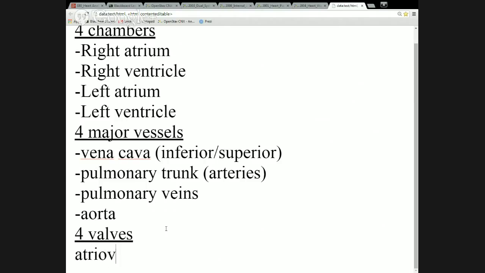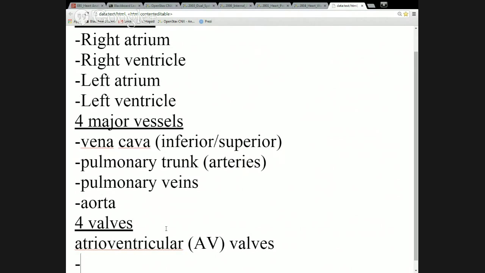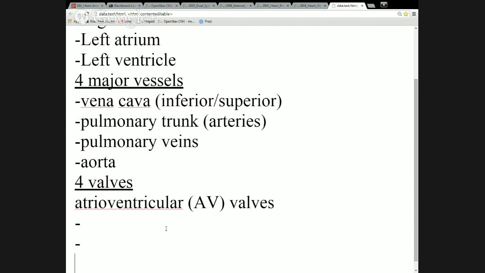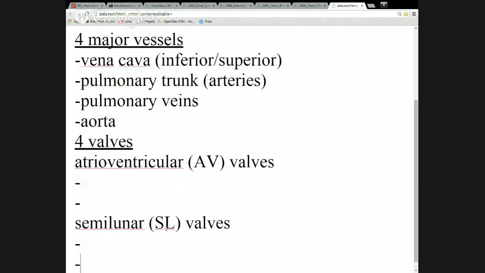There are the atrioventricular valves, abbreviated AV, and there are two of those. And there are the semilunar valves, abbreviated SL, though I don't really use the abbreviation myself. And there are two of those.